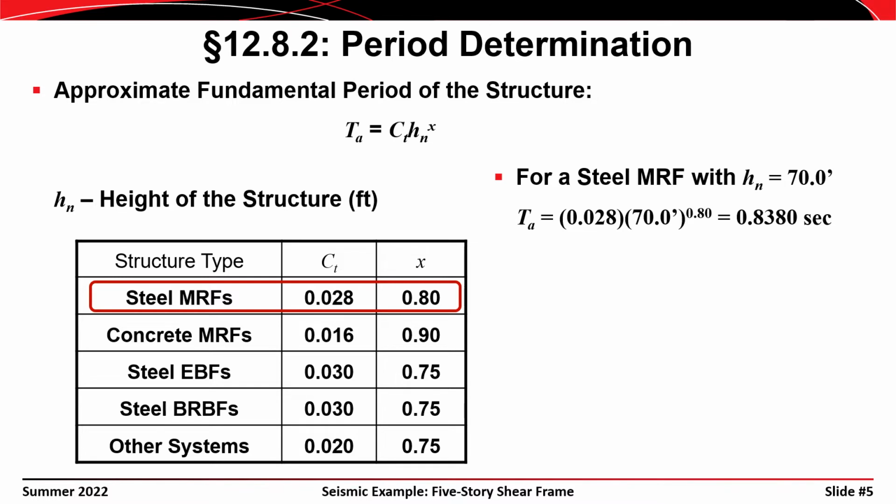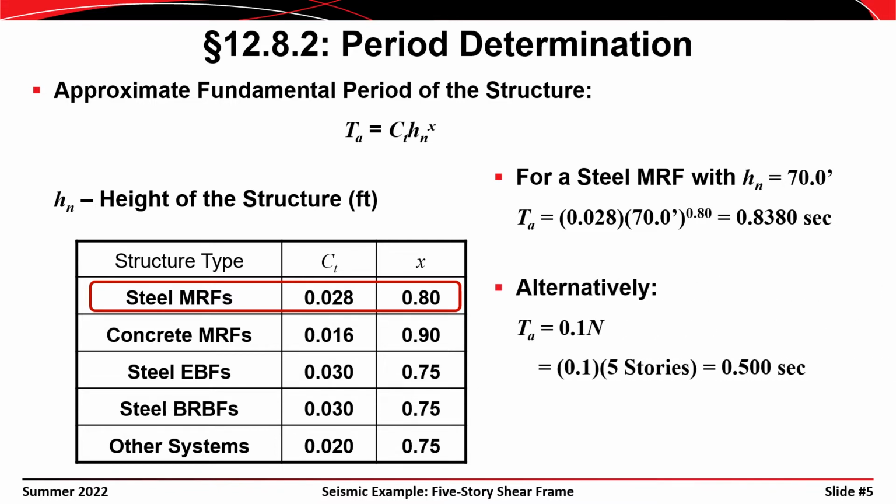For this moment resisting frame with a height of 70 feet, we would get an approximate fundamental period of 0.838 seconds. Alternatively, we could use T sub A equal to the number of stories divided by 10, or 0.1 times N, and get an approximate period of 0.5 seconds. In this case, we'll use the first form, and we'll move forward with a value of T equal to 0.838 seconds.